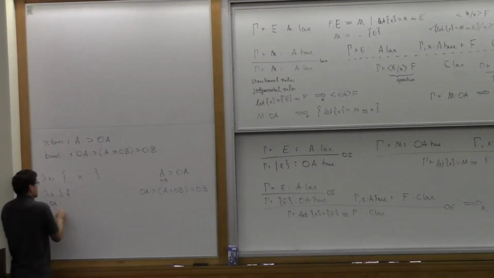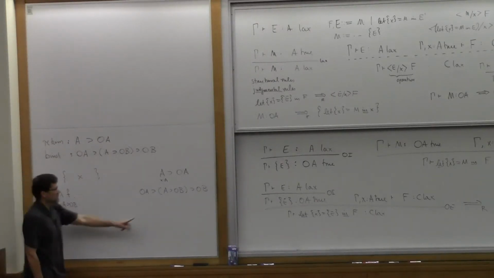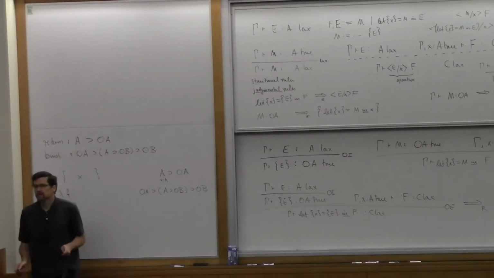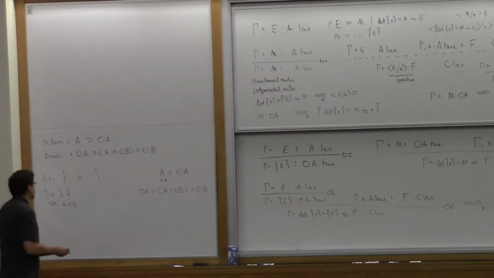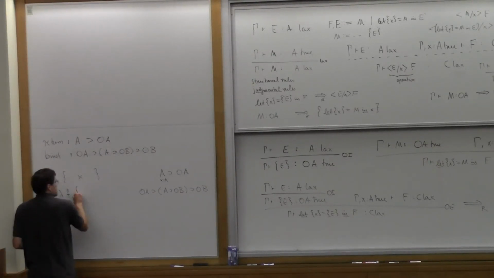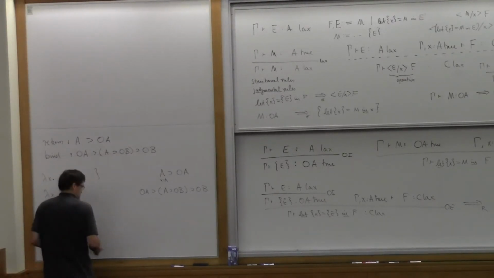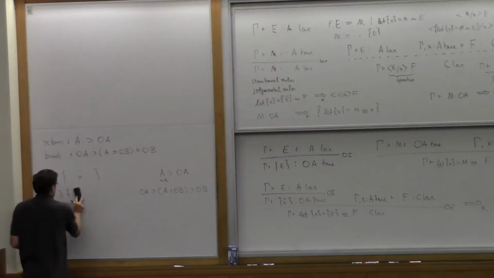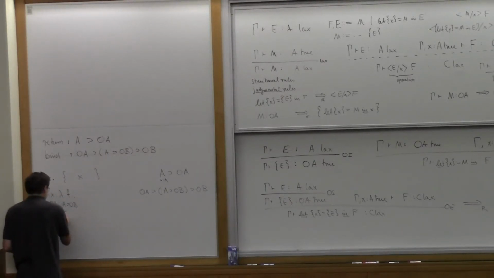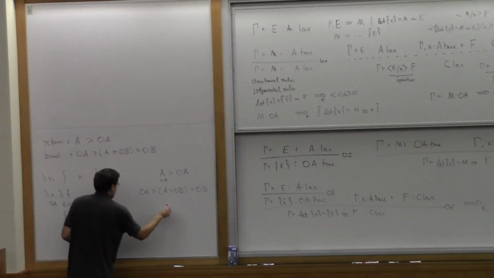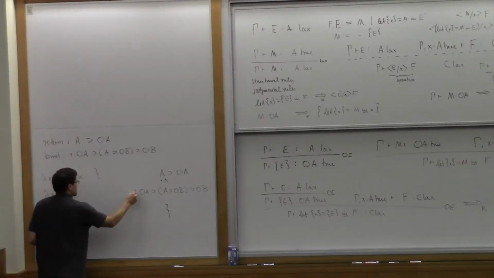An f, and what's the type of f? It's A arrow circle B. Now we have to create something of type circle B. How do we do that? Braces. Okay. Just in case, I'm not sure if we have enough room, I'll put them down here. So put that into that place.